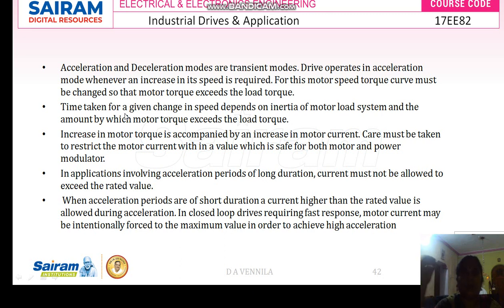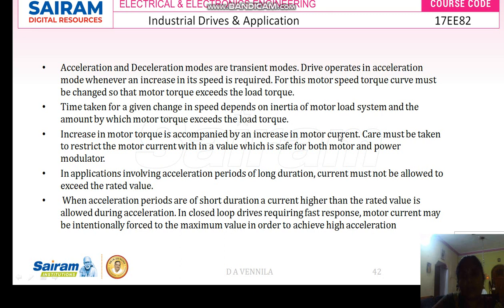We know that in the block diagram of an electrical drive, the current is monitored by the sensing unit and then given to the power modulator through the control unit. According to that, the power modulator generates the flow of power according to the load requirements to control the load. So the increase in motor torque will be accompanied by an increase in motor current.